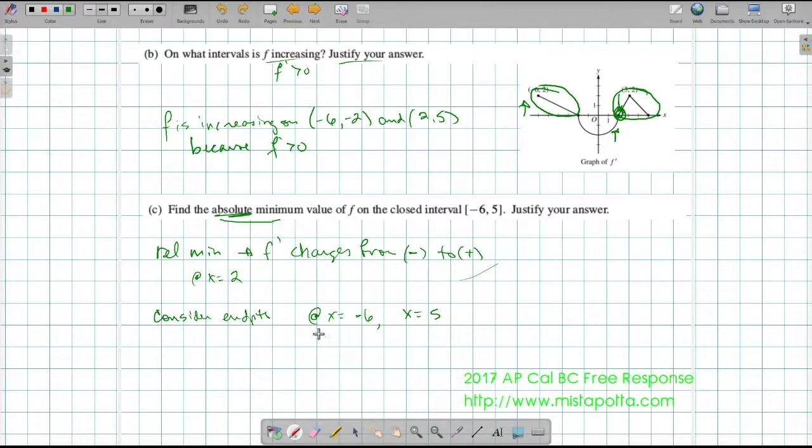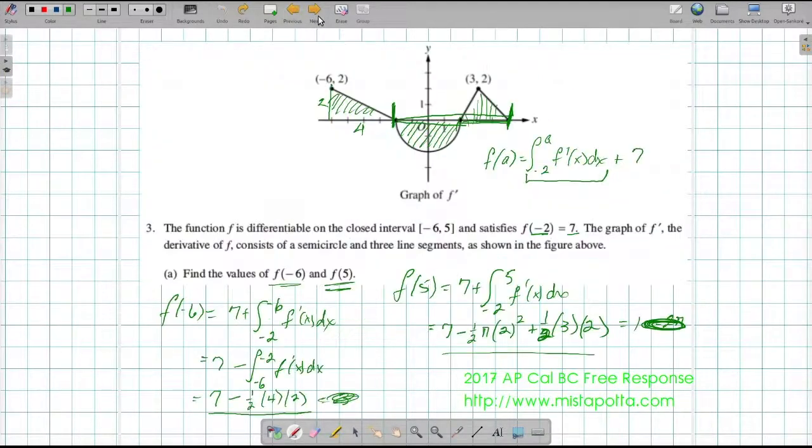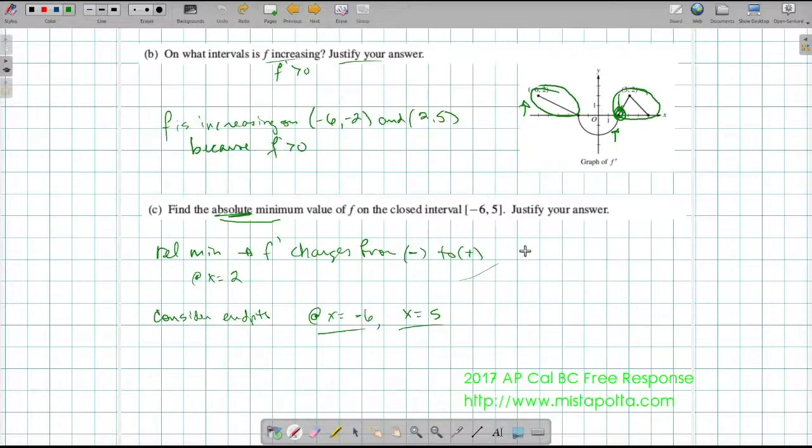Luckily, though, we just found these in part A. So going back to our work in part A, we know that f of -6 is going to be 7 minus the 1/2 times my base times my height. And I know that f of 5 is going to be 7 minus that half circle plus the area of that triangle, 1/2 times my base times my height.